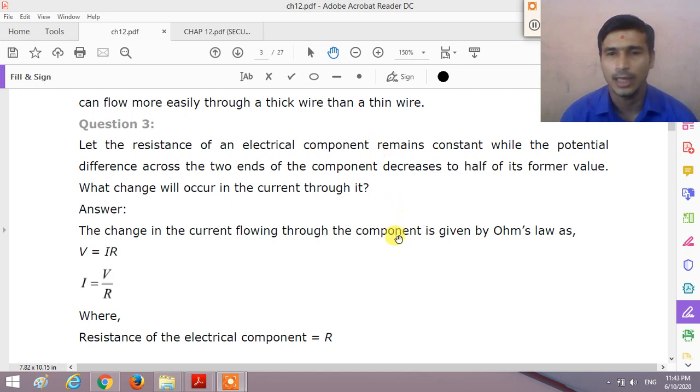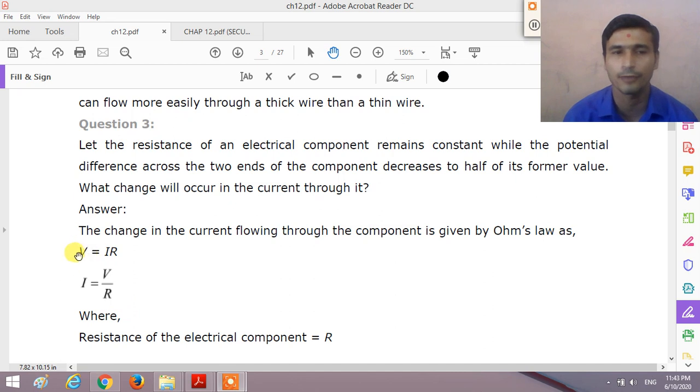So the answer to this question is, according to Ohm's law, the current passing through the component is directly proportional to the potential difference applied across the two ends of the conductor.